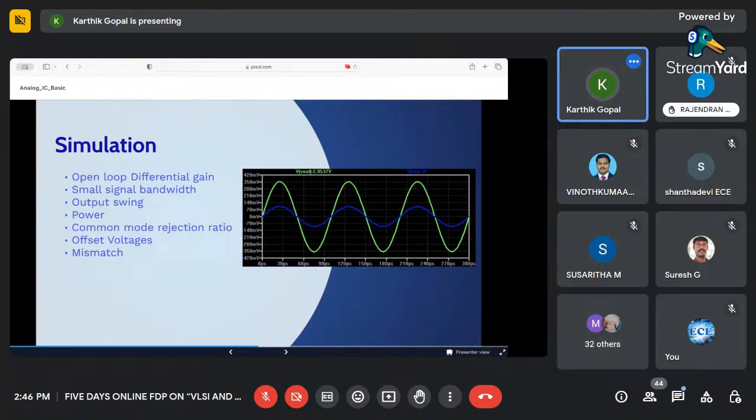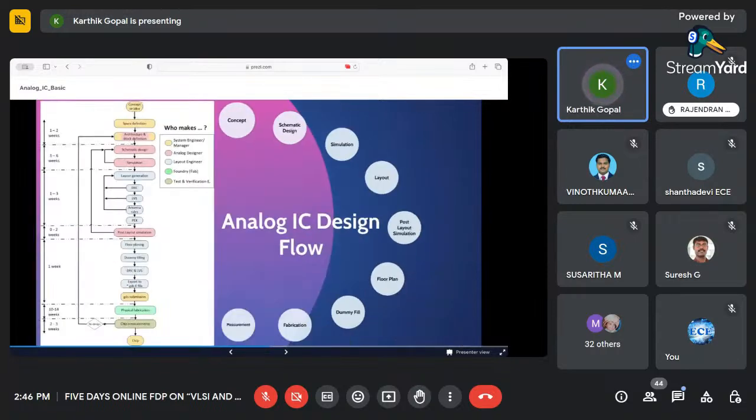So you do multiple analyses to make sure that the system does not fail. That is called simulation. Once you verify the simulation, if there is a problem and it does not meet your specification, then you go back to the schematic design. Then you change, you simulate. So it is an iterative process. It takes a while for the designer to complete it by meeting the specification.